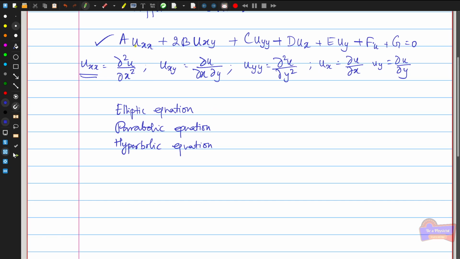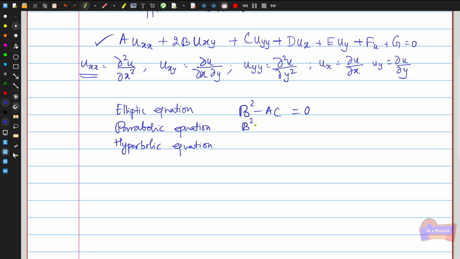So consider the general equation, and suppose the values of A, B, C satisfy a condition on B squared minus AC. Then the corresponding partial differential equation is known as the elliptic, parabolic, or hyperbolic equation accordingly.